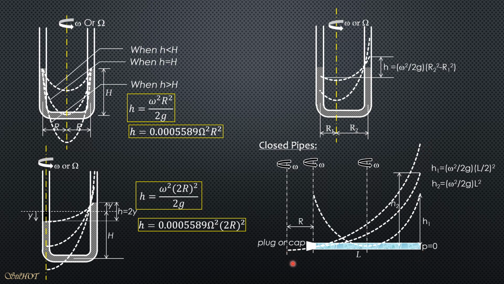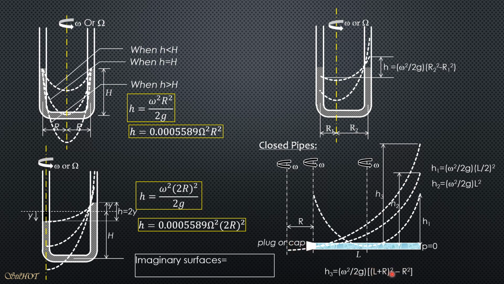Therefore, the net height, which I call h3, from that point to the horizontal axis of the pipe is omega square over 2g times quantity L plus R square, because from this vortex to that end is L plus R, minus this height here, which is omega square over 2g times R square.